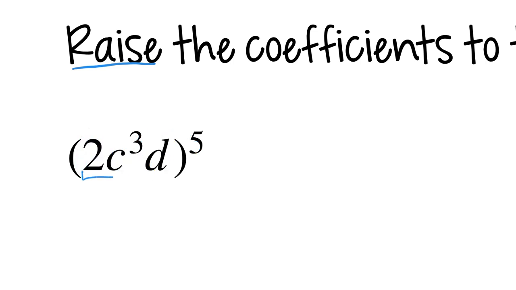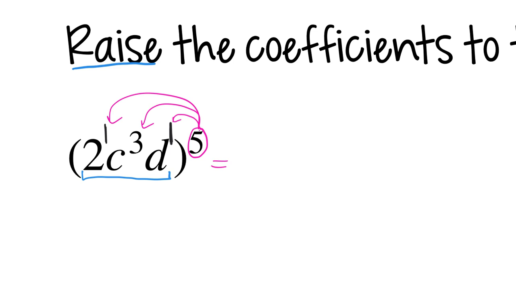Here's another way to think of this that might make it a little easier to remember. Anything inside of these parentheses that doesn't have an exponent on it, I want you to put a 1 just right in the little exponent. So there's going to be a 1 on the d. There's also going to be a 1 on the 2. And now we just take this power on the outside here and we multiply it to all of those powers.